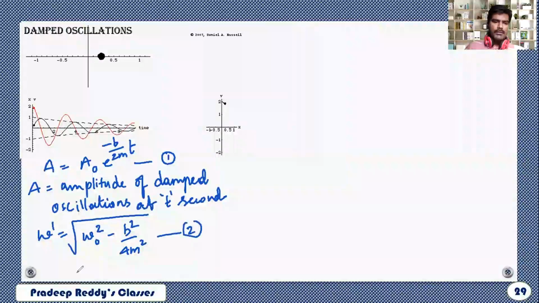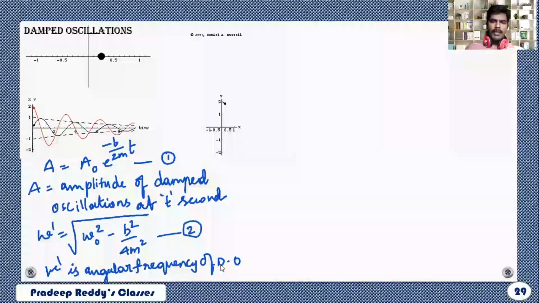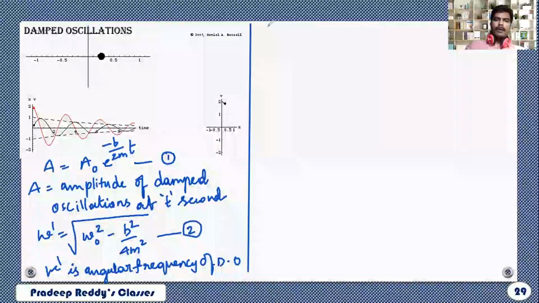This is equation number 2, where omega dash is the angular frequency of damped oscillations. So omega naught is the angular frequency of undamped oscillations. Now clearly omega naught is greater than omega dash. So I can write omega dash is less than omega naught.